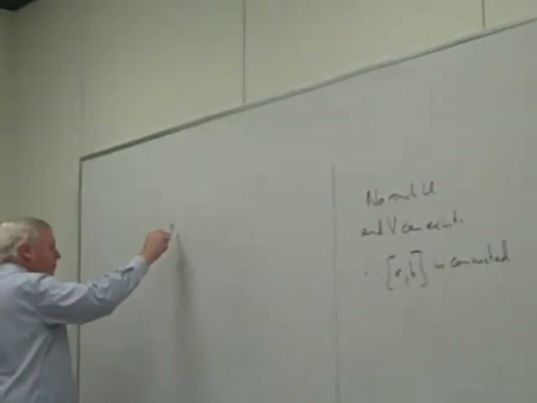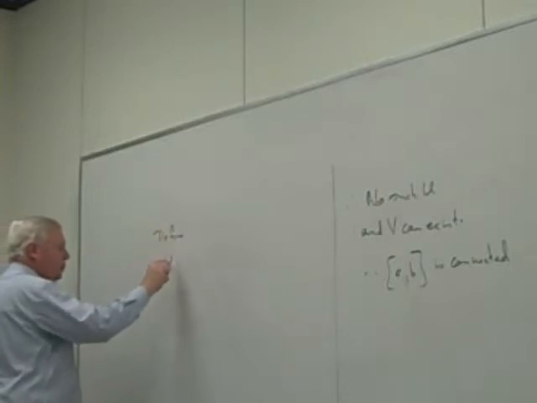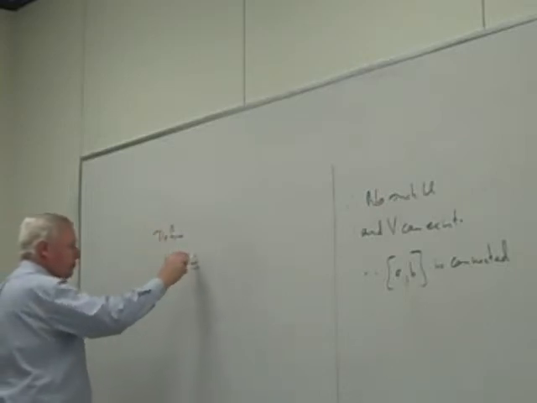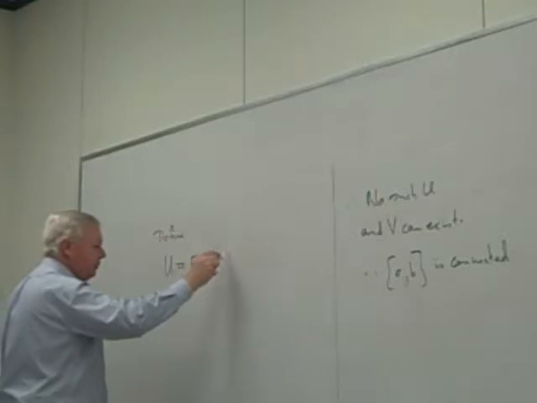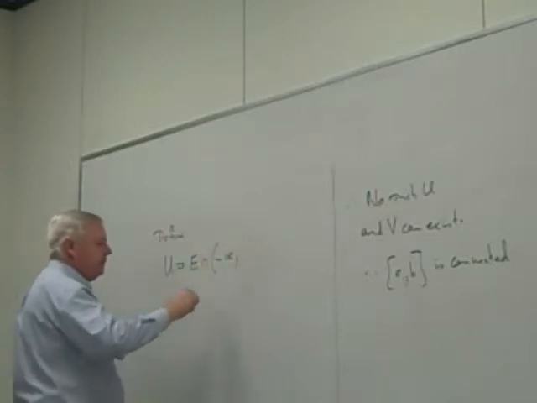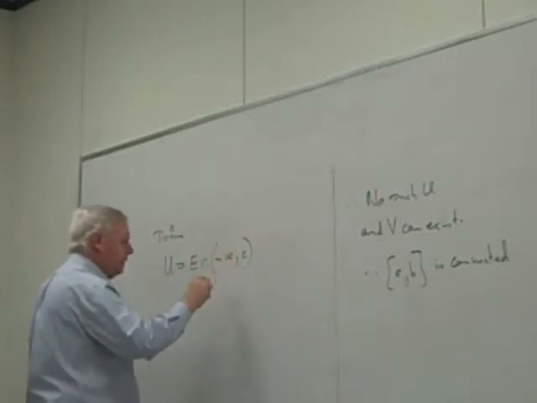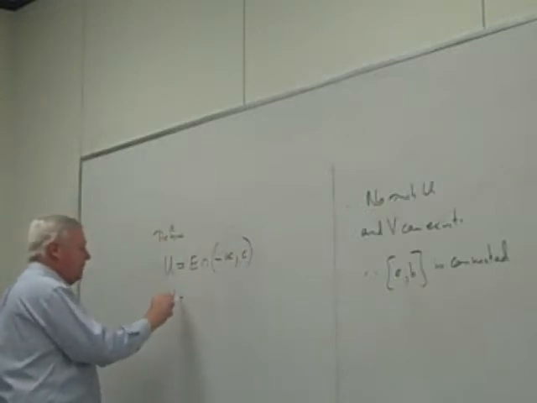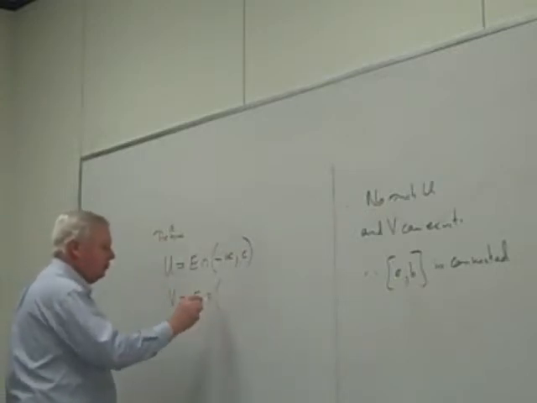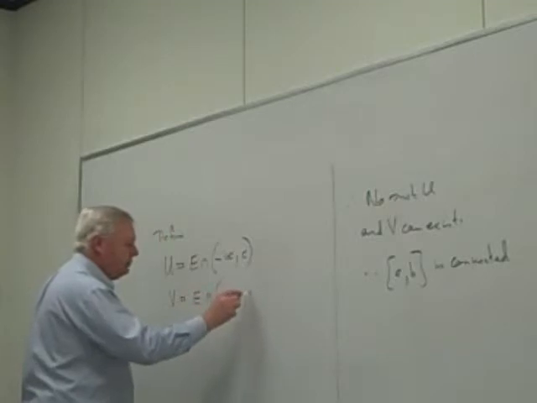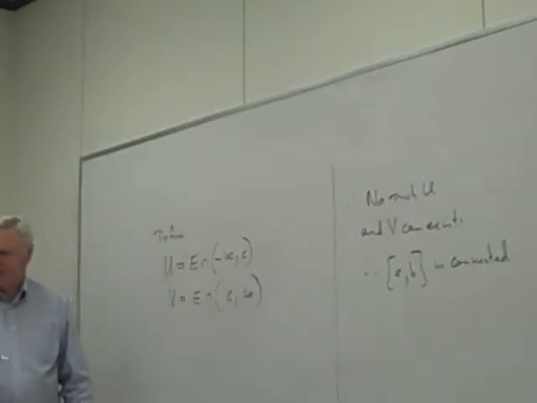So let's define U to be equal to E intersect with the interval minus infinity to C, and V is E intersected with the interval C to infinity. Together they must make up the whole of E, because the only point we could be missing is C, but that wasn't in E to begin with.